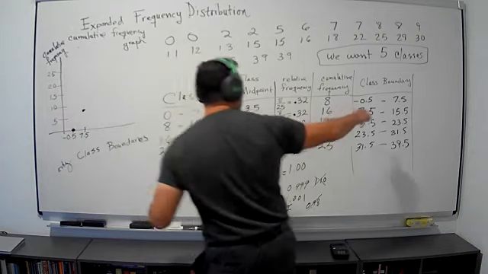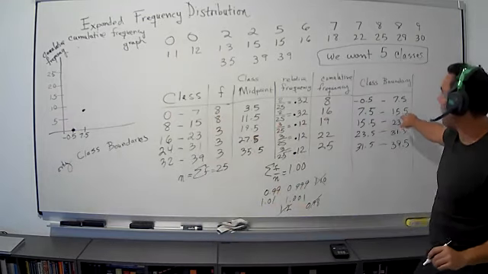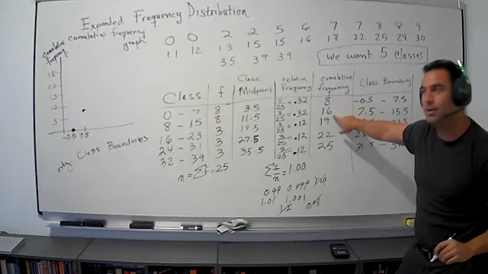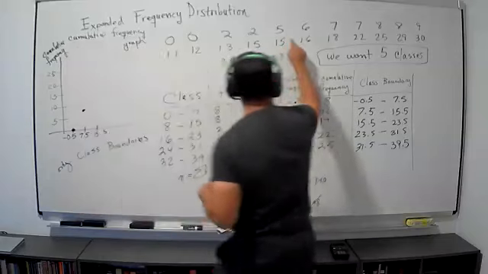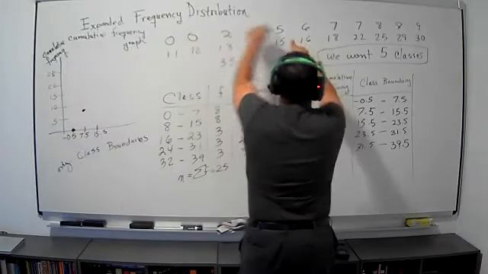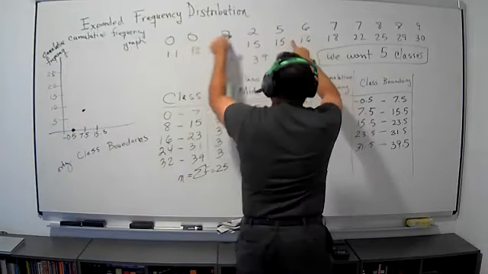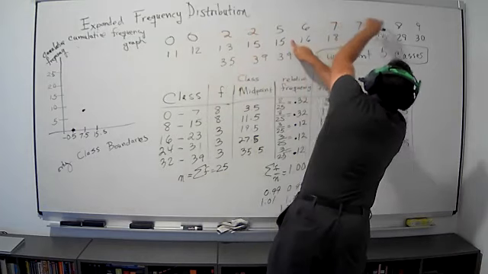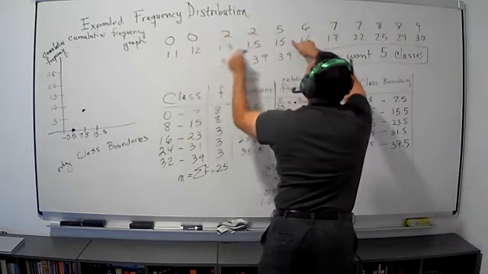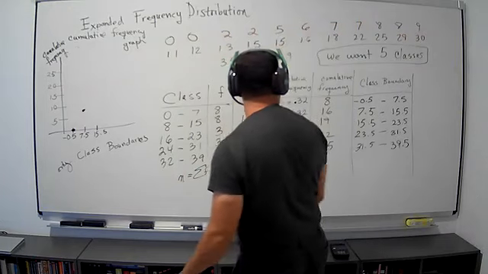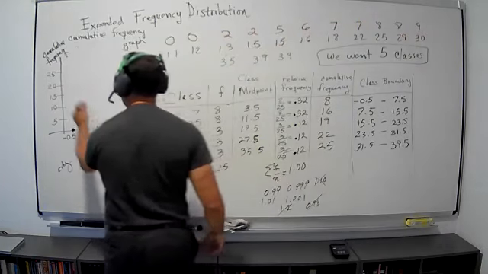By the time I get to 15.5, how many numbers would I have counted? 16. I know 15.5 doesn't exist, but if 15.5 is here, how many numbers would I have counted? 1, 2, 3, 4, 5, 6, 7, 8, 9, 10, 11, 12, 13, 14, 15, 16. So that would have been 16.